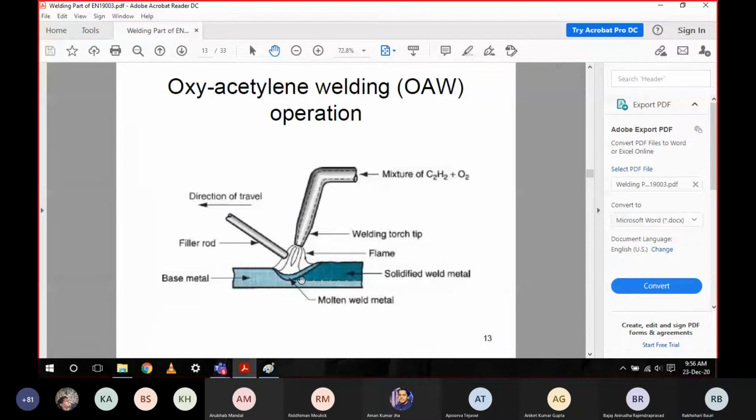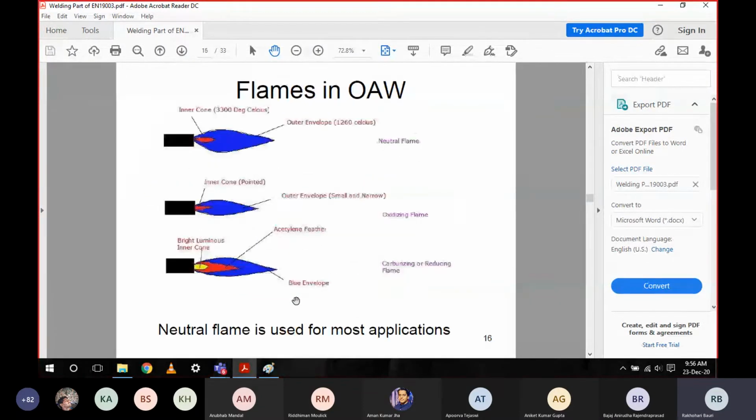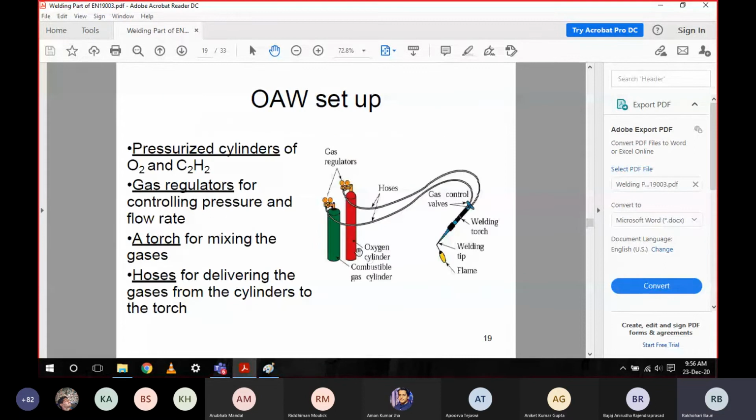Here, this is the tip. Before explaining the oxyacetylene welding process, you should watch the video so that you can understand very easily, but before that I am explaining the setup. You have one acetylene cylinder and another cylinder for oxygen.